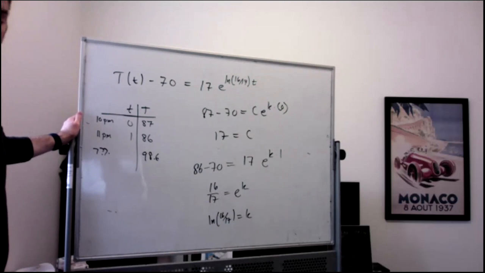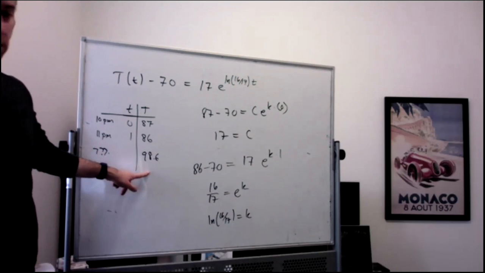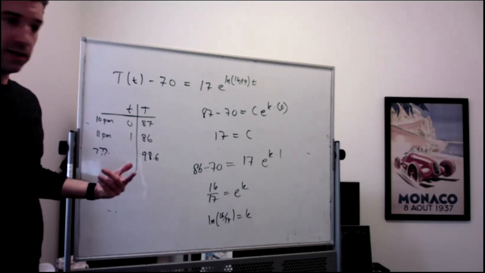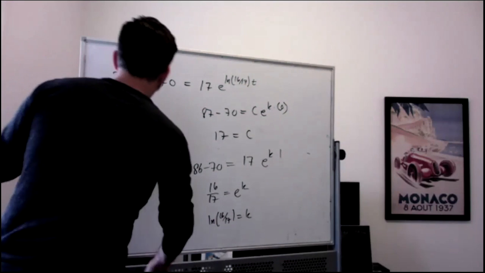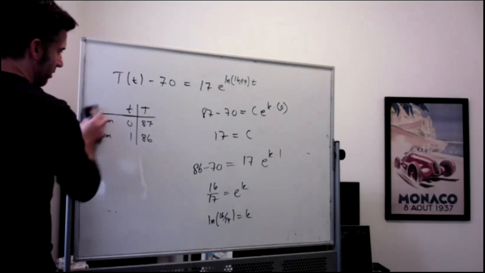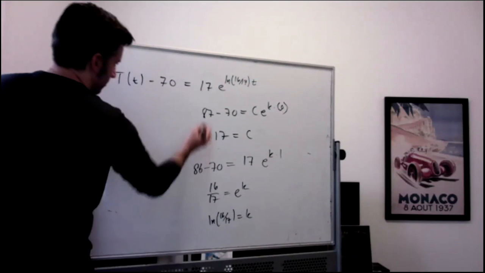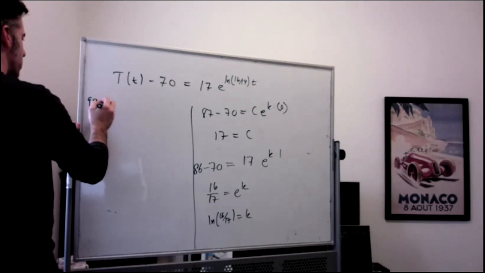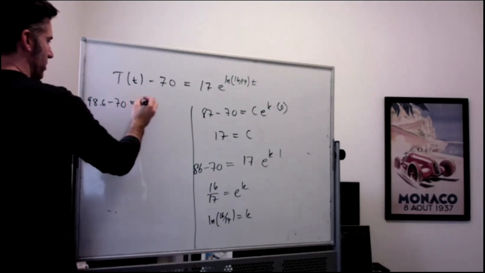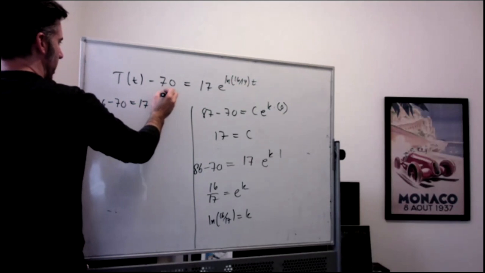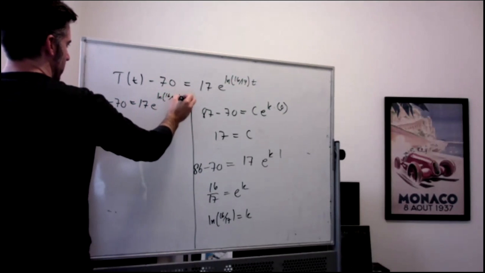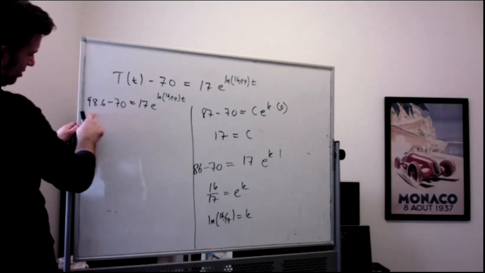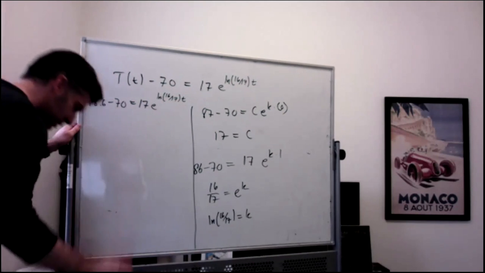Now what we have to do is plug in 98.6 degrees for temperature and solve for t, time. And I guess I can erase this now. So plug in 98.6 for temperature. 98.6 minus 70 equals 17 e to the natural log of 16/17 t. Subtract, you get what? 28.6.